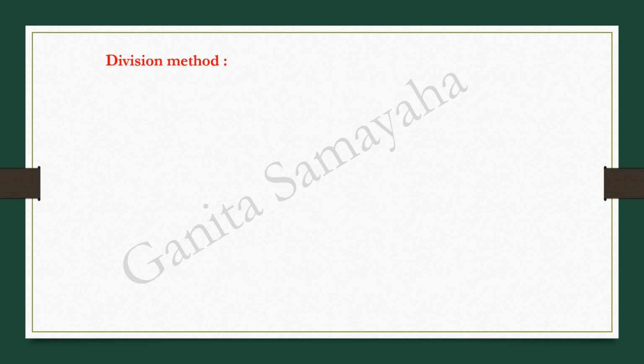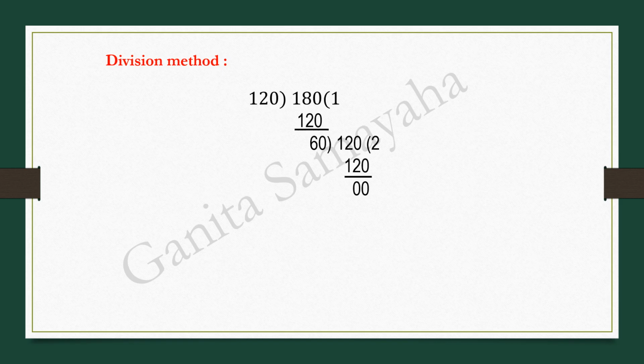Okay, so let us go through this division method and see how we did it. We took the bigger number. Which is the bigger number of 180 and 120? 180, and we divided this 180 by 120. It goes once, 120, and 60 is the remainder. Again we took this 120 and divided 120 by 60.